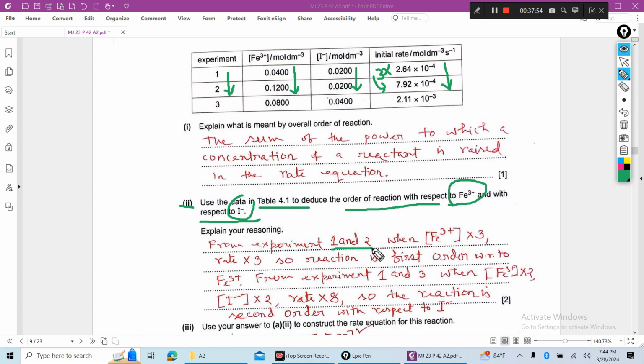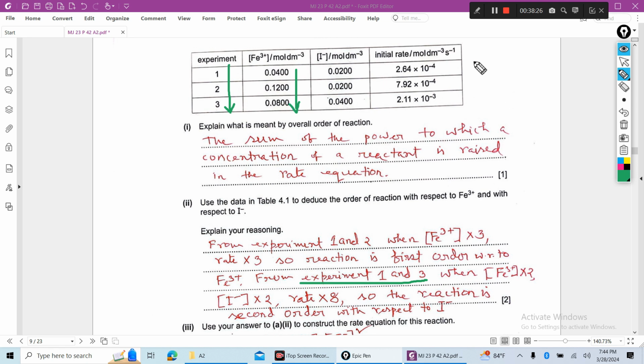From experiment 1 or 2, when concentration of iron times 3, rate becomes times 3, directly proportional. So the reaction is first order with respect to iron 3 ion. Now from experiment 1 and 3, when iron concentration is doubled, rate becomes double, as for iron 3 ion the order is 1.